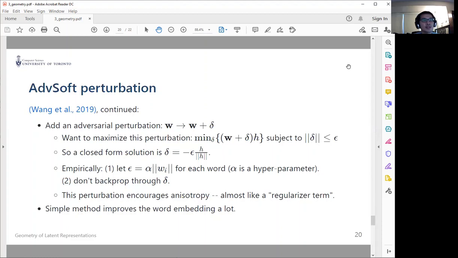And this is their perturbation. They found a closed form solution, which is essentially an epsilon times the direction of h, and h is the parameter in the softmax layer. So essentially, they regularized the context vector h of that word a little bit. For each word, they immediately know the perturbation vector, and they add this perturbation vector into this word.